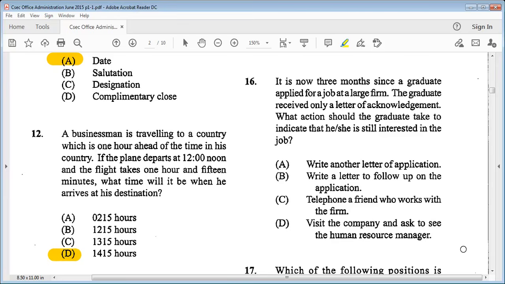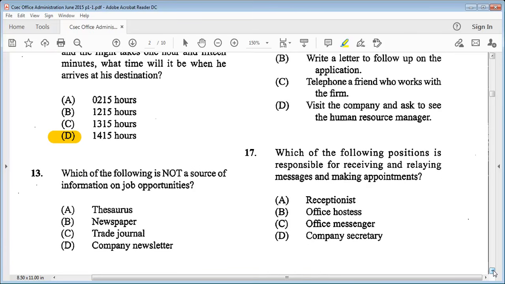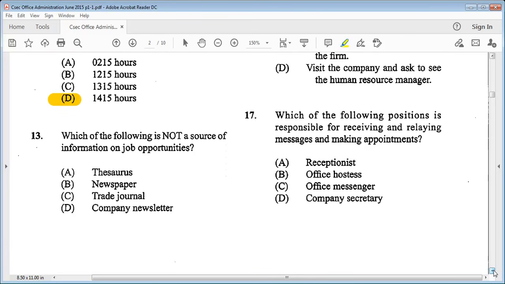Let's go on to question number 13. Here it says, which of the following is not a source of information on job opportunities? A. Thesaurus, B. Newspaper, C. Trade journal, or D. Company newsletter?